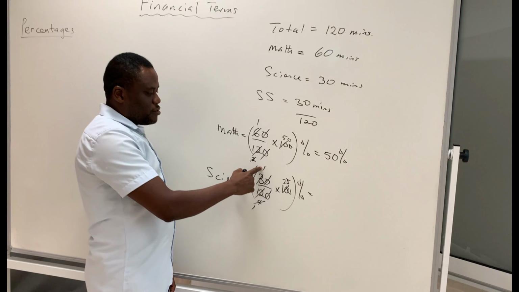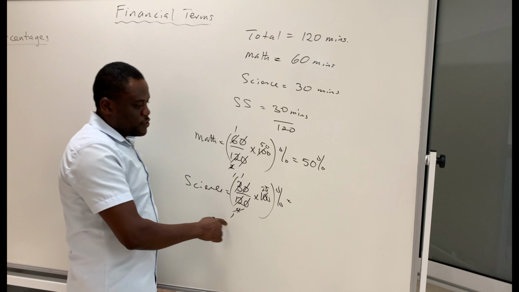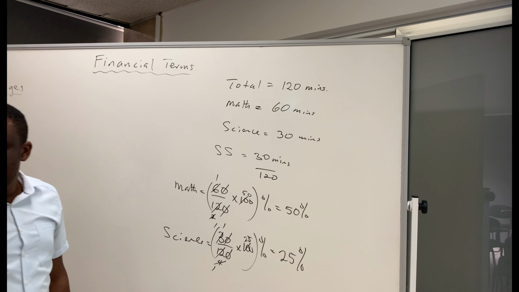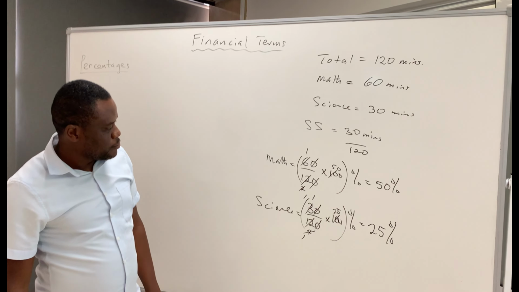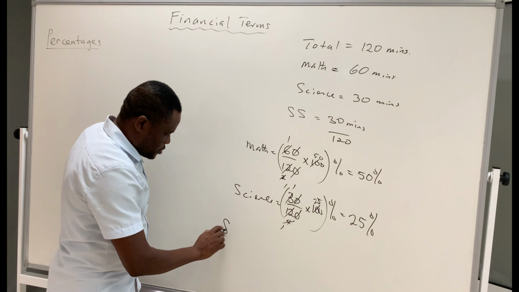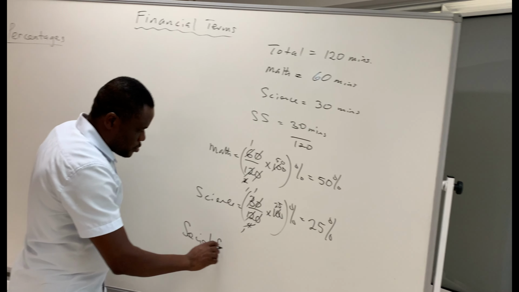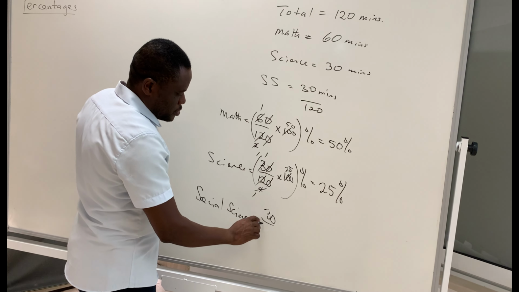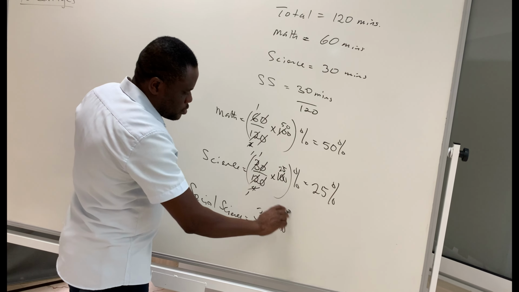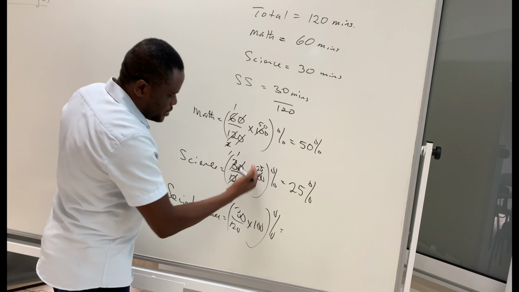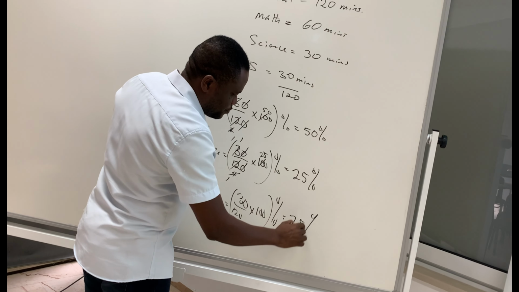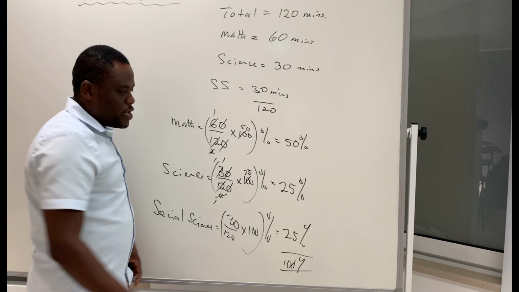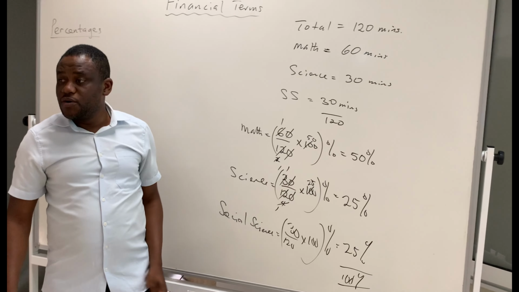So 25 times 1, 25 divided by 1, 25. So he spent 25% of his time. And then social science. He also spent 30 by 120%, which is the same, 25. If we sum it, it must be 100%. If it's not equal to 100%, it means something's wrong with the calculation.